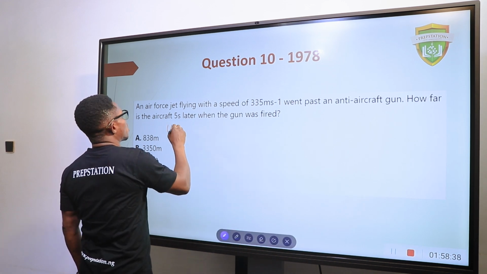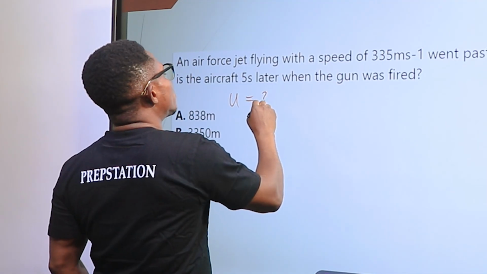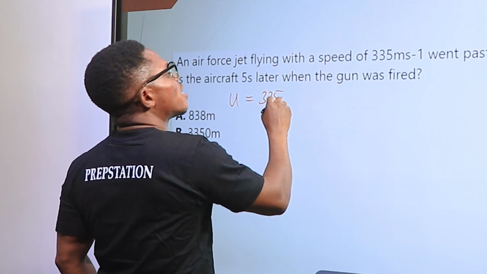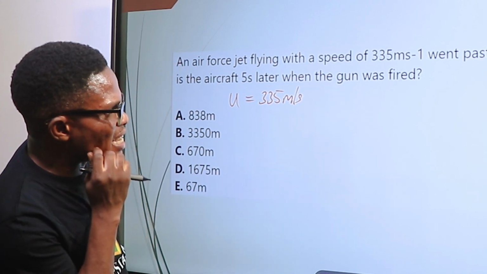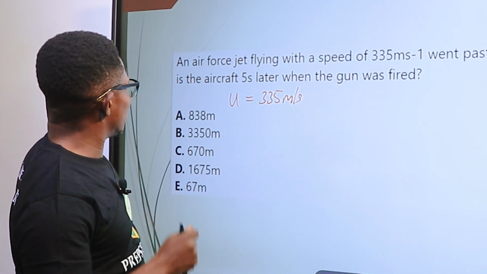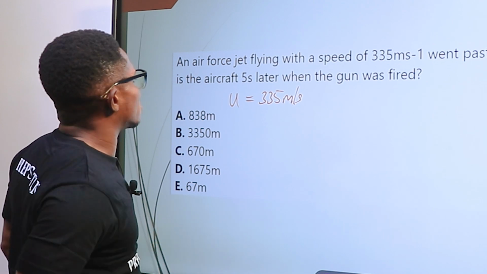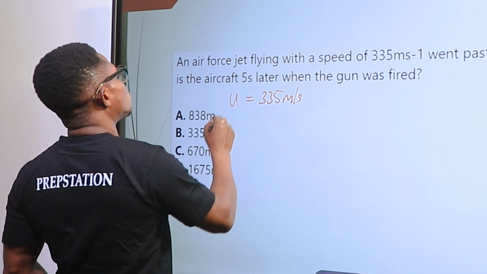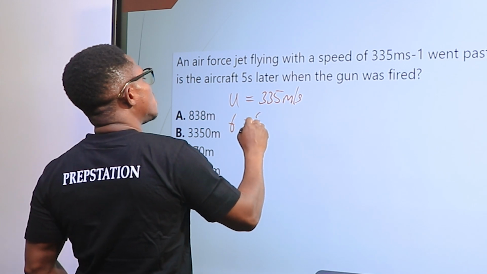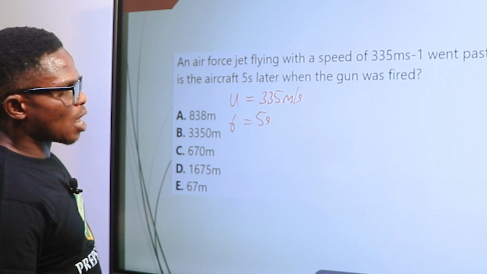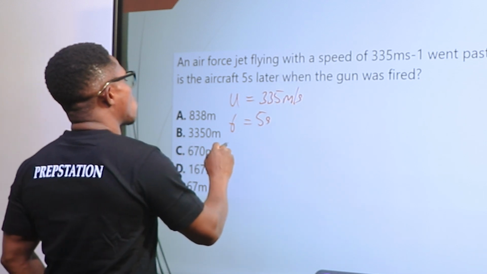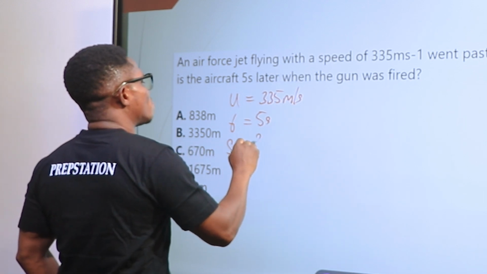Let's say this is the initial velocity of 335 meters per second. So you have t equals 5 seconds. What are we looking for now? We are looking for distance.